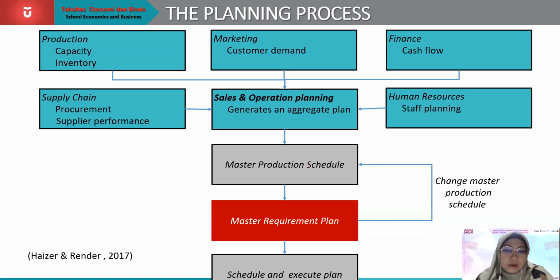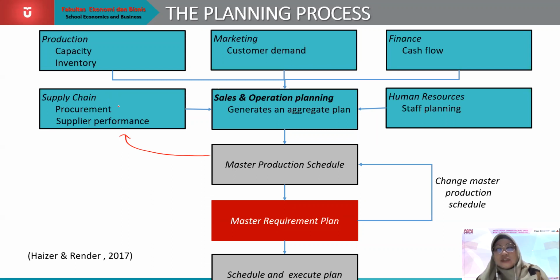And when you build the master production scheduling, you need some information, for example, about procurement: who is your supplier and how they perform. When you want to make an MPS, you need to ask for this information from the supply division.